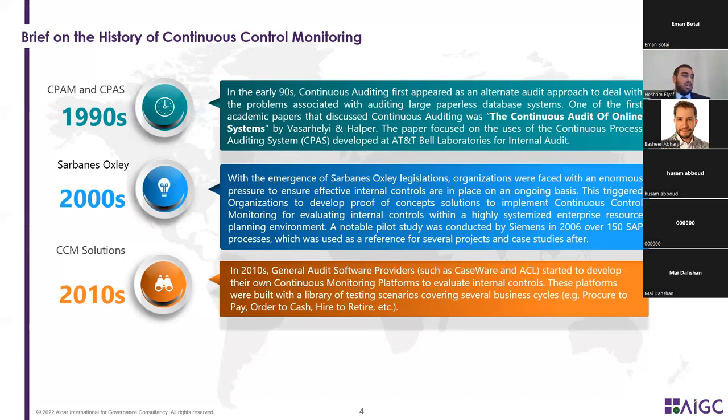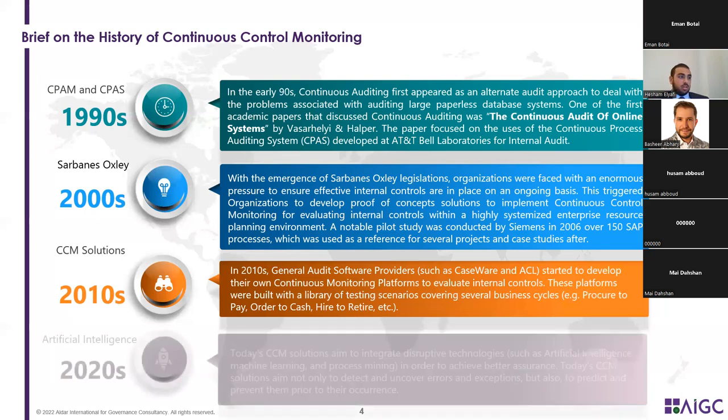This was mainly how continuous monitoring evolved in the 2010s. We started seeing off-the-shelf software and platforms used by users, and therefore the field evolved further. We started hearing about continuous monitoring more often.